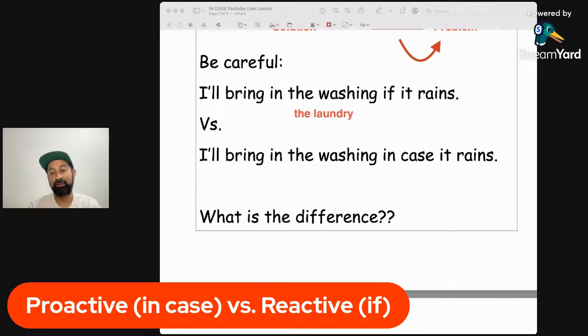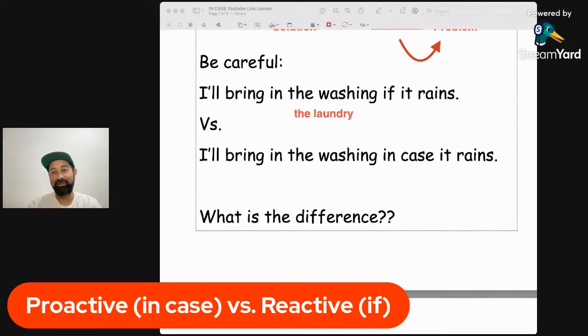Proactive versus reactive. So if it's proactive, I use in case. If it's reactive, I'll use if. So these two words are also quite difficult.